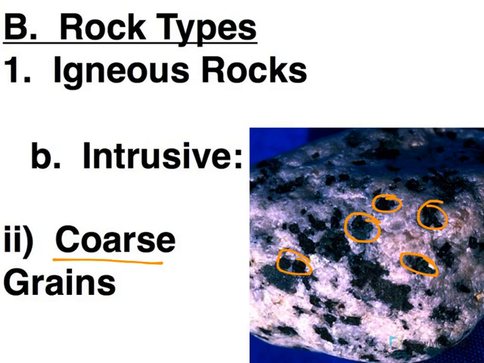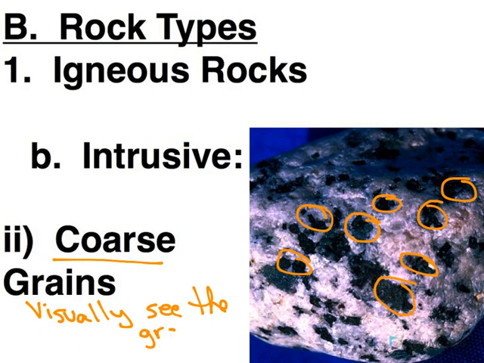And you can see that they are quite large. So that's what we mean by a coarse grain. You can visually see the grains. So that's one kind of igneous rock, an intrusive igneous rock.